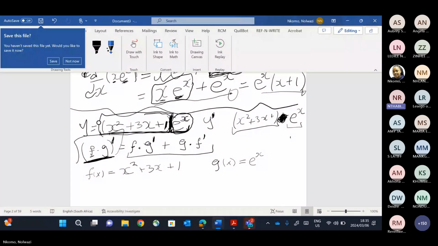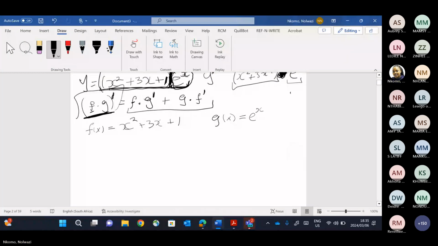Yes, it's fine. Okay, ma'am, I have a question. When you're choosing which one is your f and which one is your g, can you choose any of the functions to be your g or your f? Yes, you can let any function be f or g.